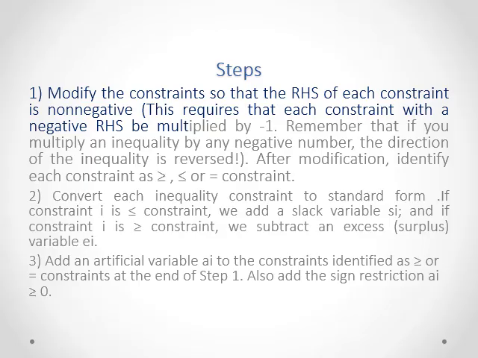This requires that each constraint with a negative RHS be multiplied by negative 1. Remember that if you multiply an inequality by any negative number, the direction of inequality is reversed.